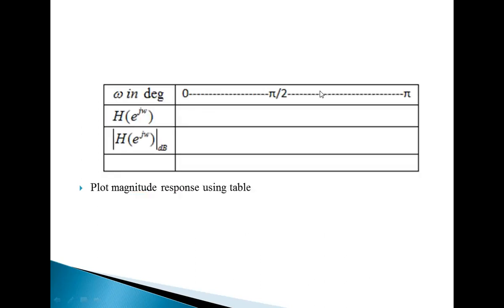With that we calculate this table, and once you plot this table, you finally plot the magnitude response using the above table. So this is the procedure of designing an FIR filter using the Fourier series method.